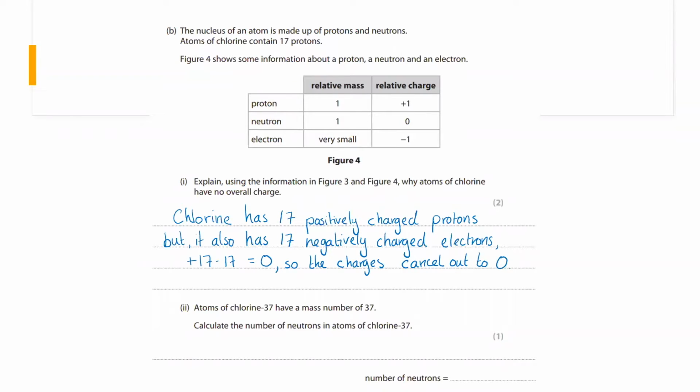Okay. Atoms of chlorine 37 have a mass number of 37. Calculate the number of neutrons in atoms of chlorine 37. So the mass is the protons plus neutrons.